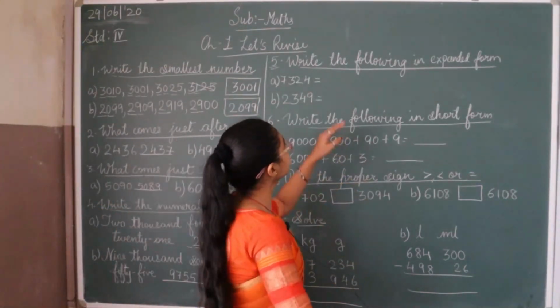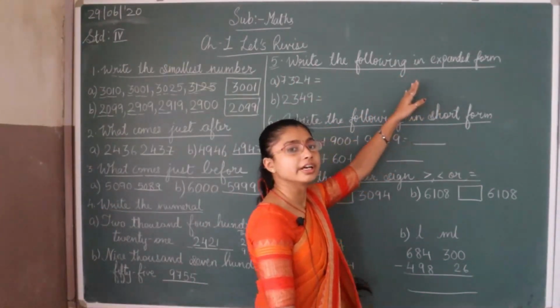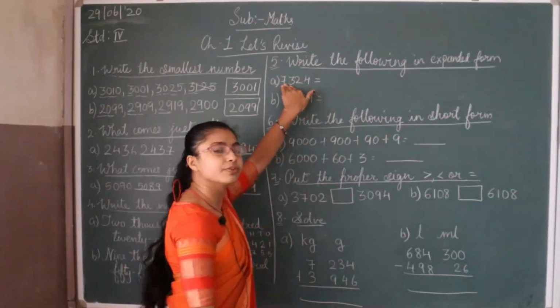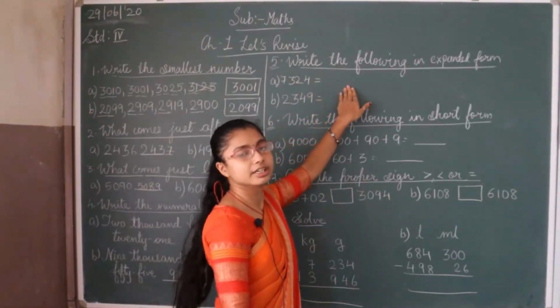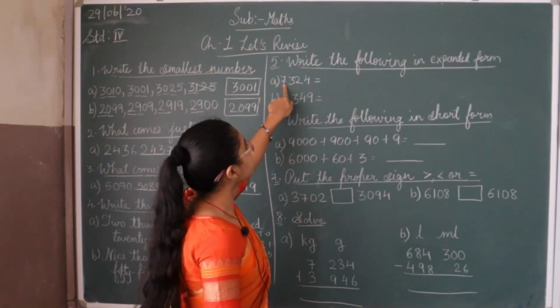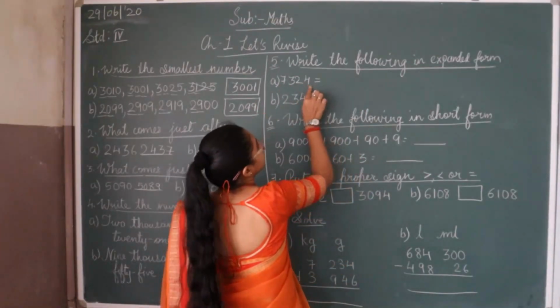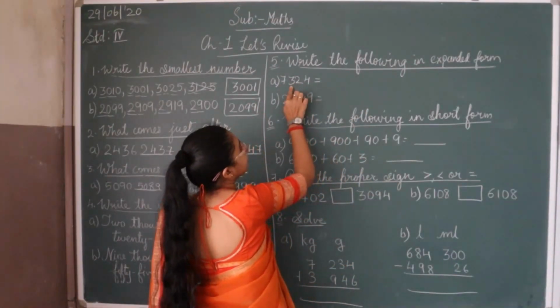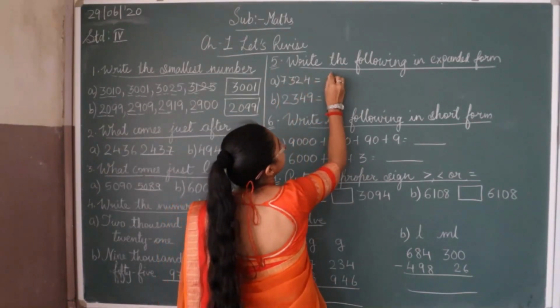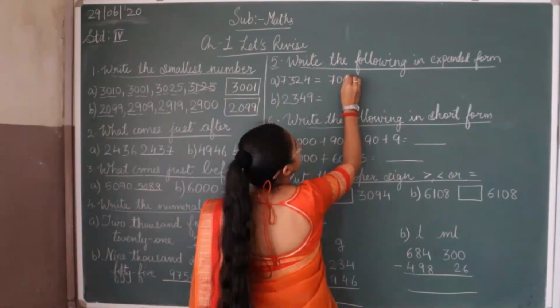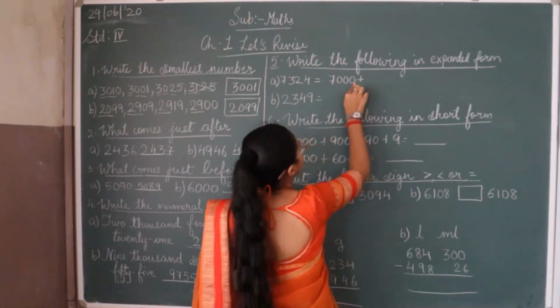Now next heading, write the following in expanded form. Short form में दिया है, you have to write that in expanded form. First is 7324. This is ones, tens, hundreds and thousands. So 7 is in thousands place. 7000.